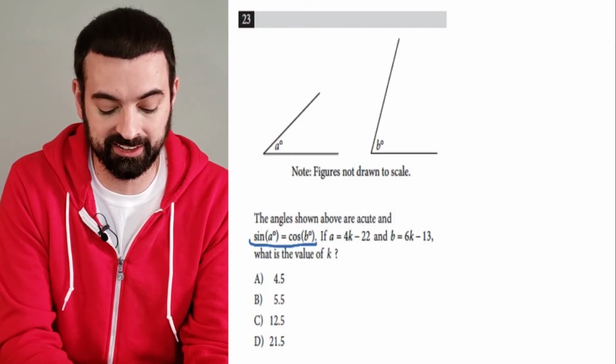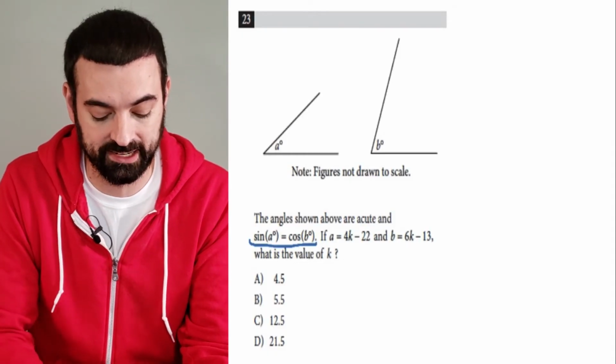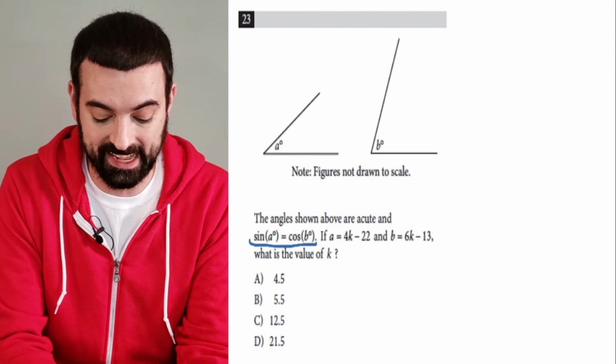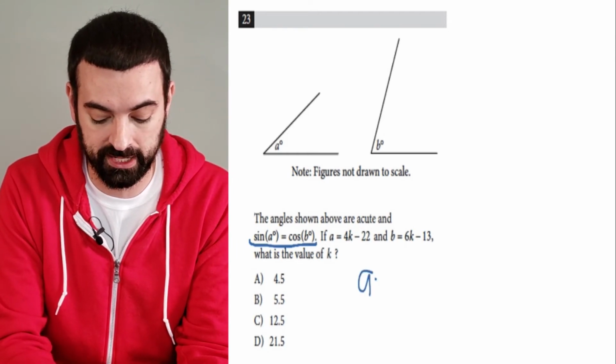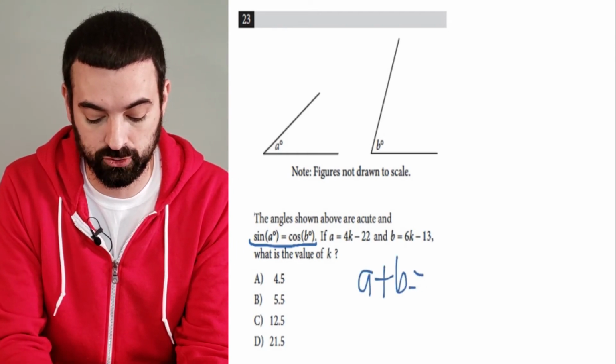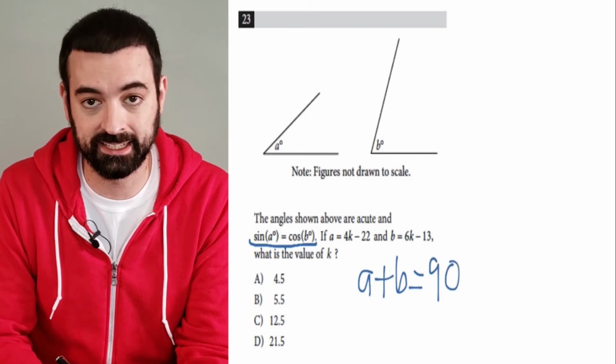All of my rules are basically different sides of the same coin, or of the same die, as it were. So in this case, because the sine of A is equal to the cosine of B, we can say that A plus B must equal 90.